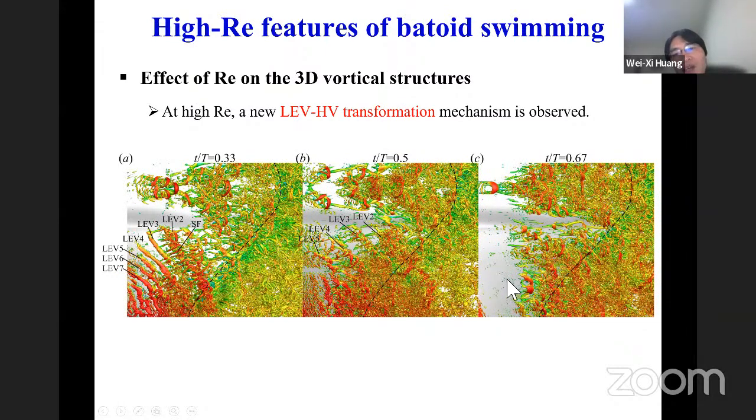This is quite similar to the transition process of wall turbulence, and it is probably observed for the first time on the body surface of a swimming fish.